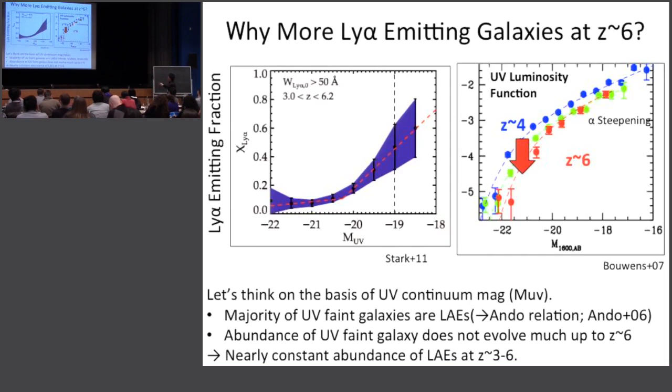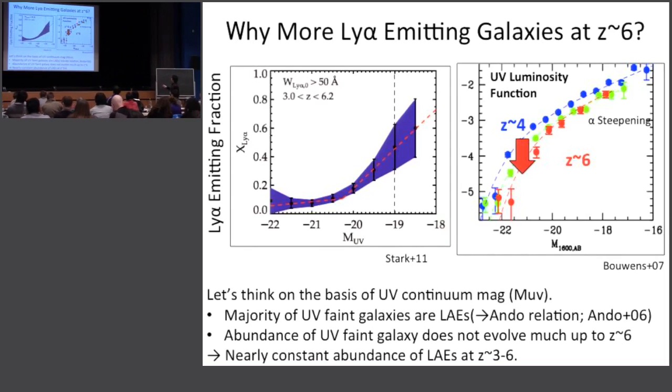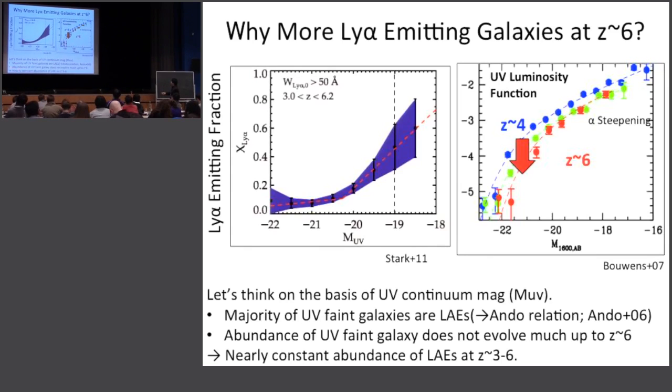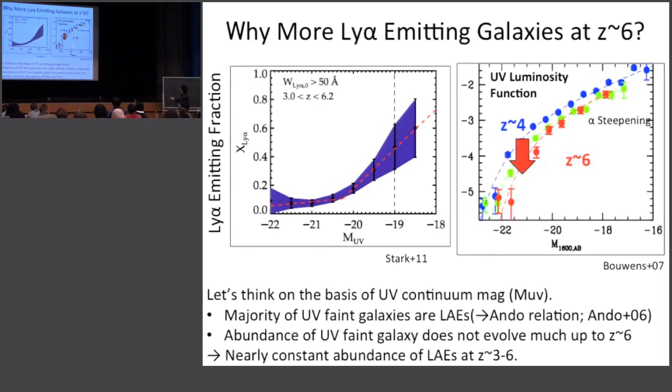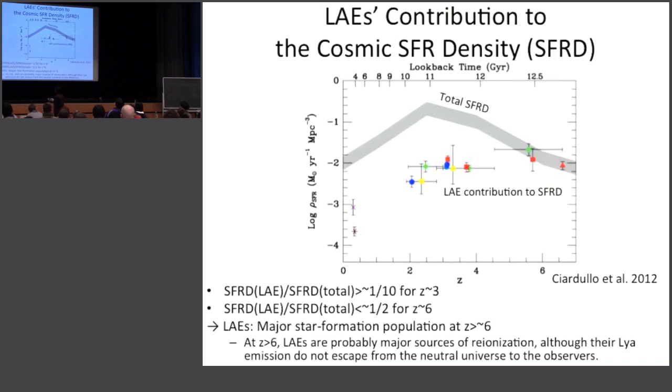This idea also explains the nearly constant abundance of Lyman-alpha emitters, because the UV continuum faint population is still large, but you have the high Lyman-alpha emitting fraction. So the number density of Lyman-alpha emitters may not change.